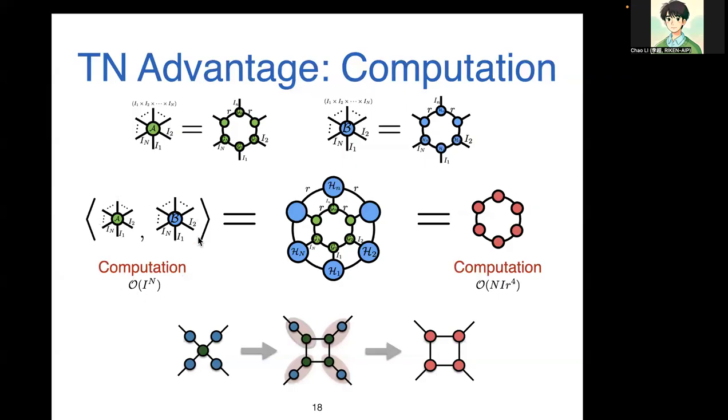Unlike multiplying them directly, which leads to a computational complexity of I to the power of n, we can calculate their inner product by connecting the two tensor networks and contracting them locally, step by step. This changes the cost from exponential to something much more manageable, which is a massive speedup for large problems.